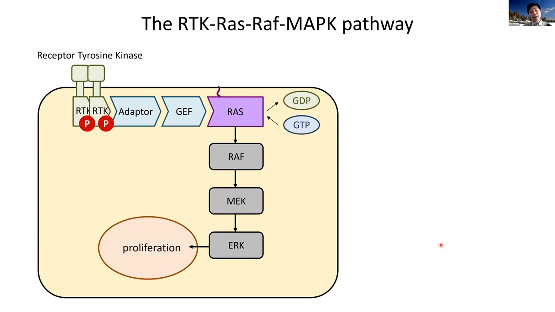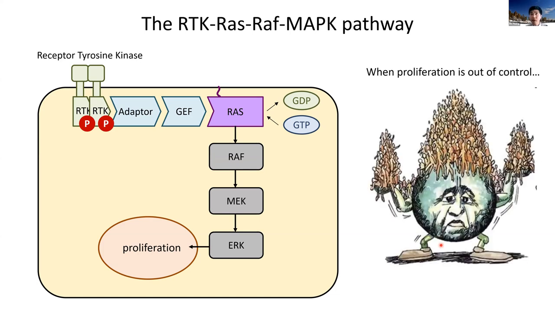So it's very important in the development of an organism, and you also understand that when proliferation is out of control, you're going to have a problem. So it's no wonder that many of the proteins in this pathway are heavily represented in mutations that cause cancer.